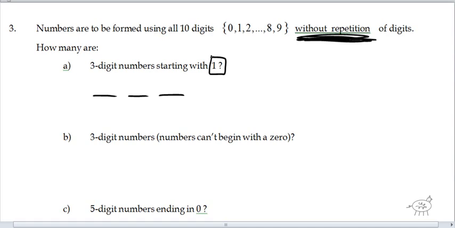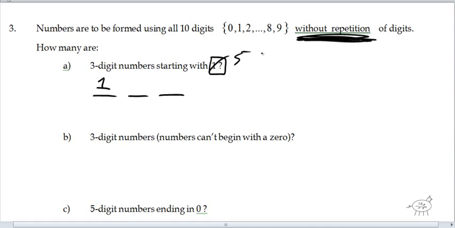So if it's got to start with a 1, that means there's only one possibility here. That 1 does not represent the number 1. It represents there's only one possibility. In other words, I could have done this exact same problem, but I could have said 5. Because it's got to start with a 5. It would still be a 1 there because there's only one 5. Okay? All right.